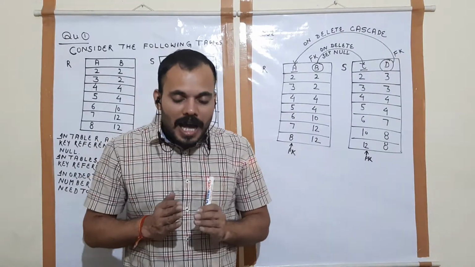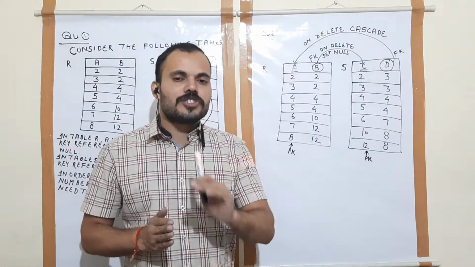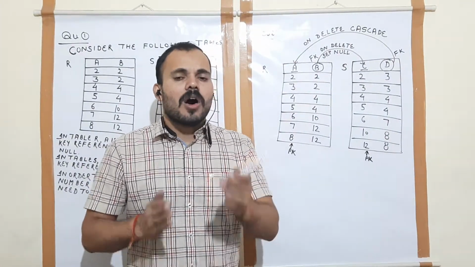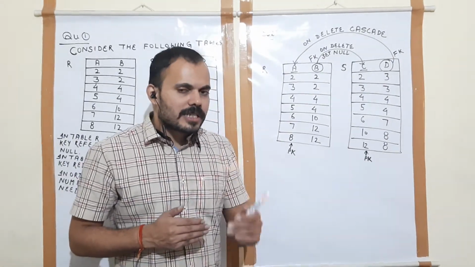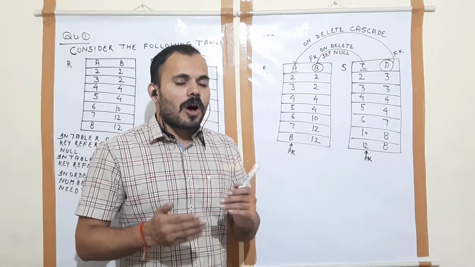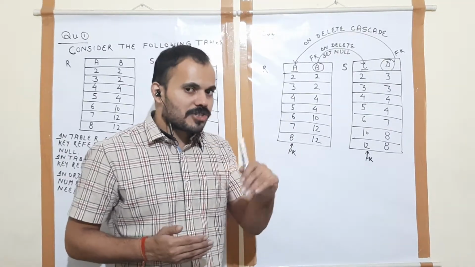See, as we know, cascade means forcefully. On delete cascade means if we delete a record from the referenced relation.